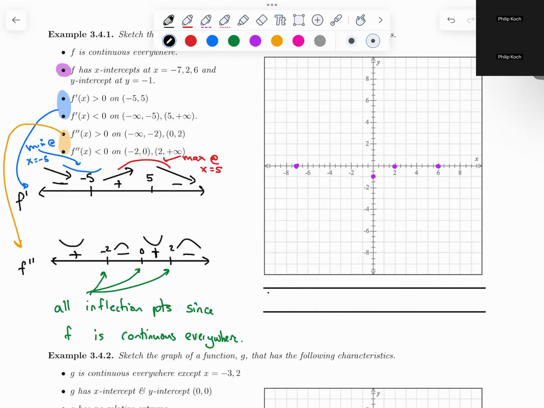So here's the first derivative one, f prime, and it had the points at 5 and -5. And then the second derivative had -2, 0, and +2.